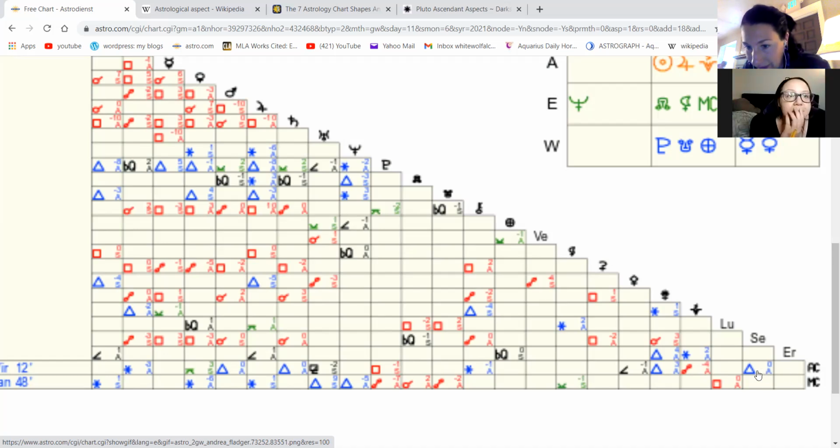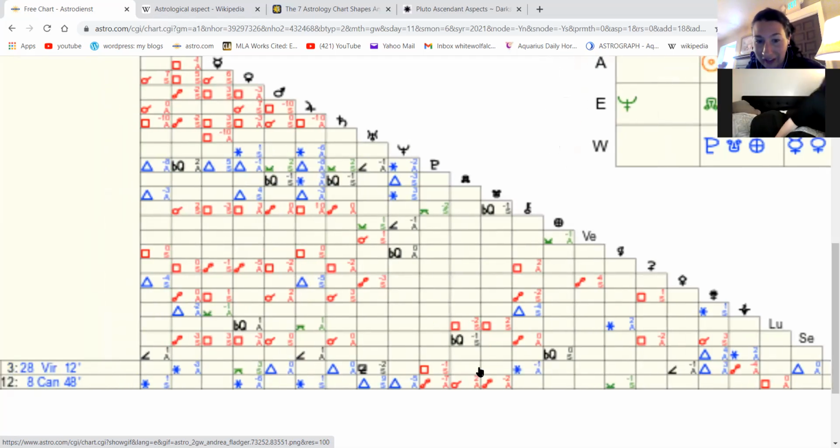You have ascendant trine Juno, which has to do with marriage. So maybe you're just naturally good at picking partners. Ha! Only the one that I kept. The rest were crap. That's good.